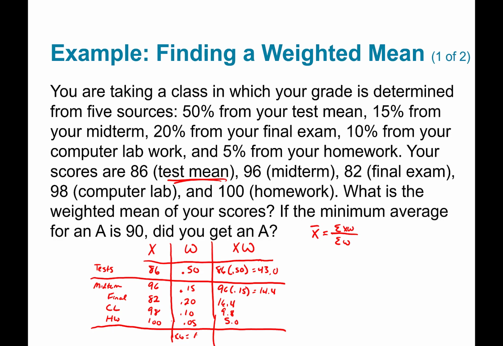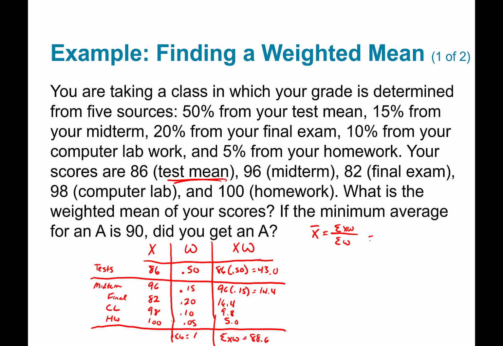You're not always guaranteed that the sum of the weights is 1, so make sure you take the time to add those weights up. Then add up the sum of our data value times our weight. When we add up this last column, we get 88.6.